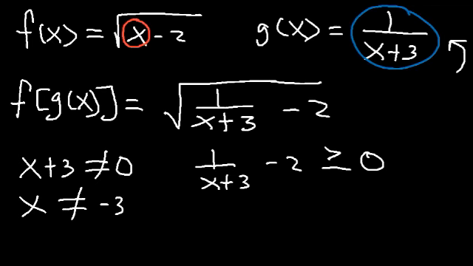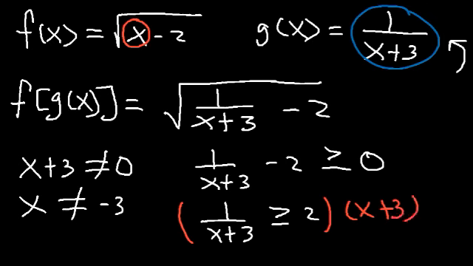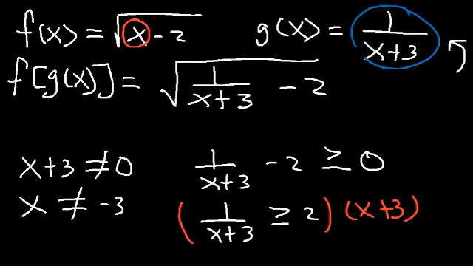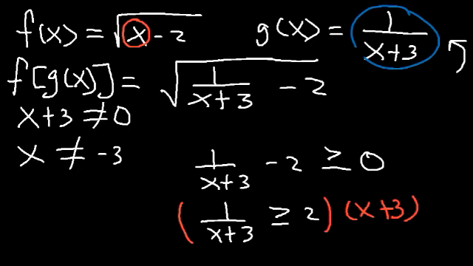Now, to solve for x, let's add 2 to both sides. So 1 over x plus 3 is greater than or equal to 2. And now let's multiply both sides by x plus 3. So we're going to have to make some space here. Let's move that up. So we now have these 2 will cancel, and on the left it's just going to be 1.